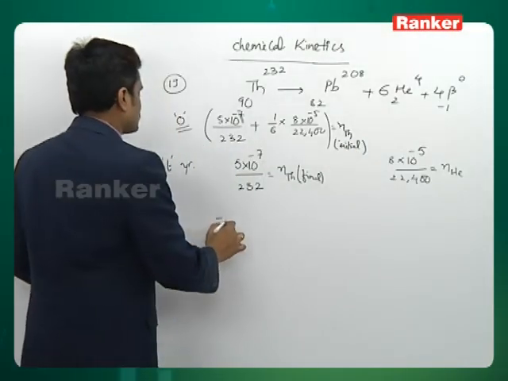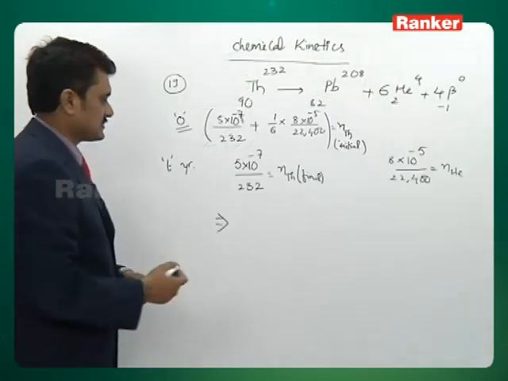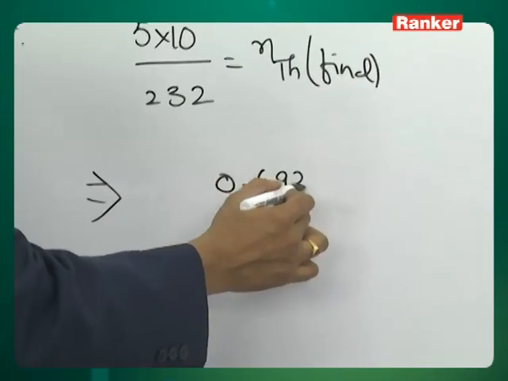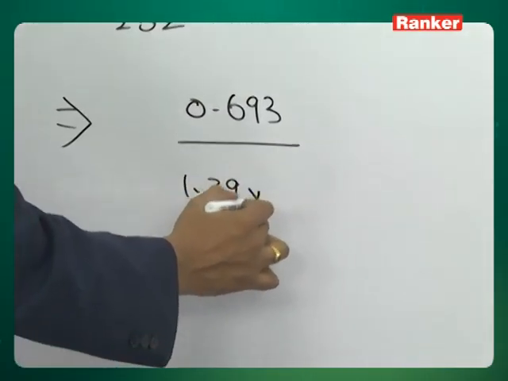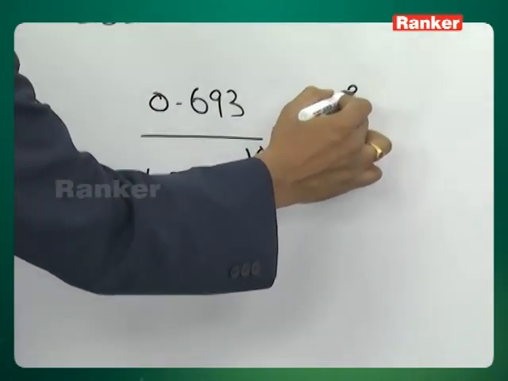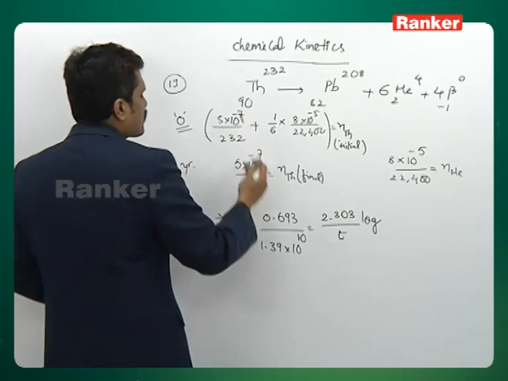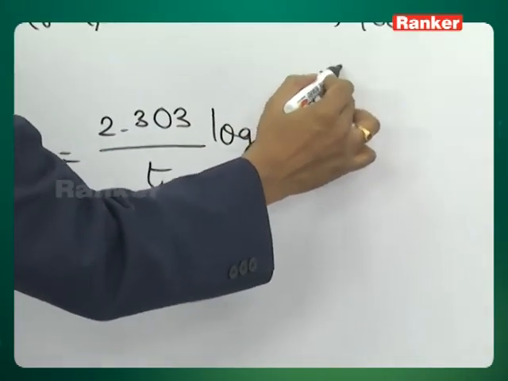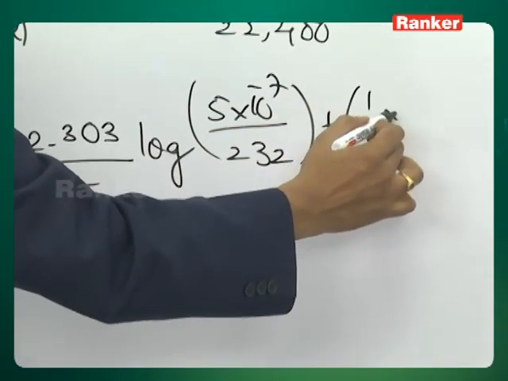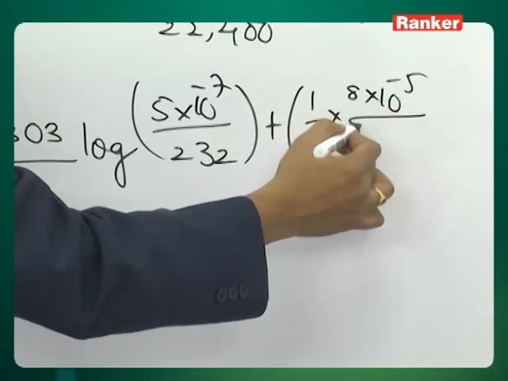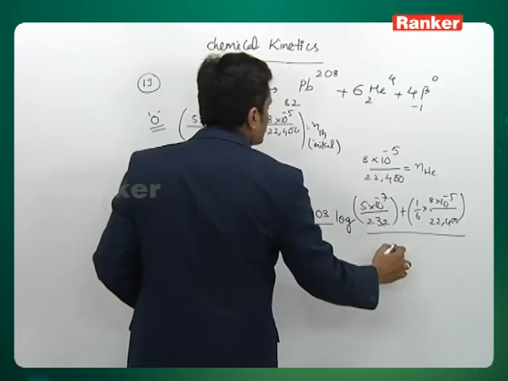Now you can use the relationship. This is the first order decay, lambda, that is 0.693 by T half of the reaction, which is provided to us as 1.4 into 10 to the power 10 years approximately, equal to 2.303 by the time of decay, log of the initial moles of the radioactive sample divided by the final moles of the sample.